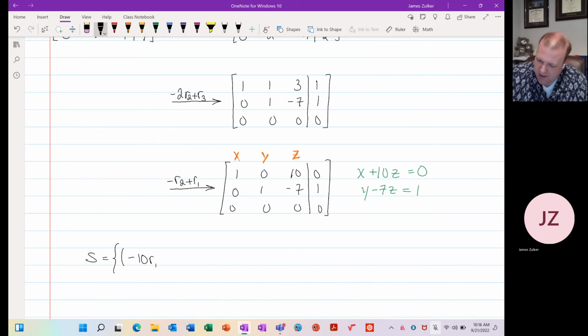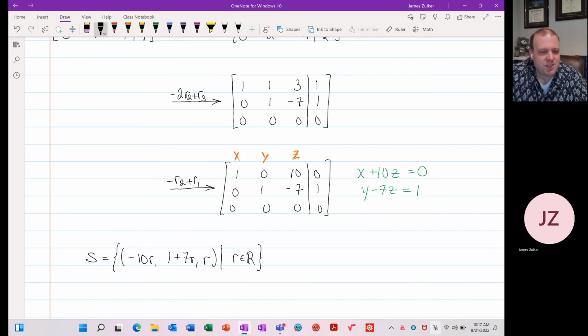Now y would be 1 plus 7r, and we said z itself was r. Right? And r can be any real number. It's anything we want it to be. So there is our solution set for this problem.